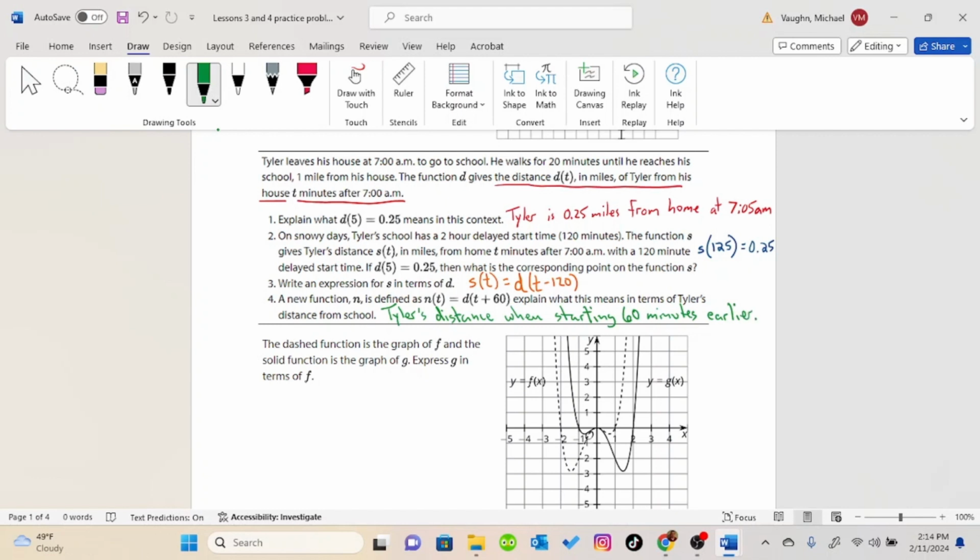And if you think about what we've done with graphs up to this point, when we see minus inside parentheses, we're shifting that graph to the right. So that's a later start. And when we've seen addition inside the parentheses, we're shifting that graph left. So this would be starting 60 minutes earlier.